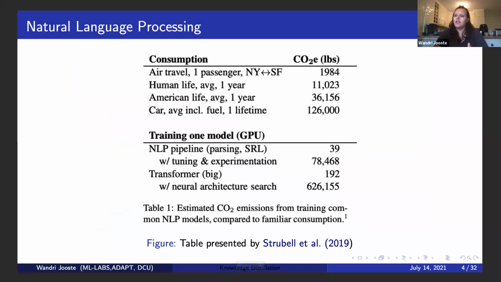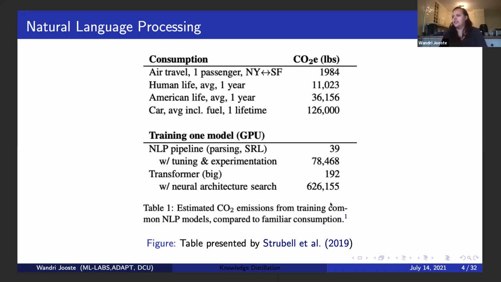So we definitely need to be more aware of the impact that we are making. As an example, a natural language processing model with a transformer architecture, which is state of the art now, and neural architecture search, if you train a big model like that, it emits quite a lot of carbon dioxide.